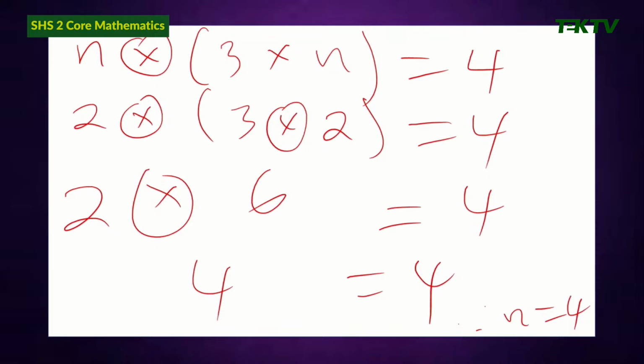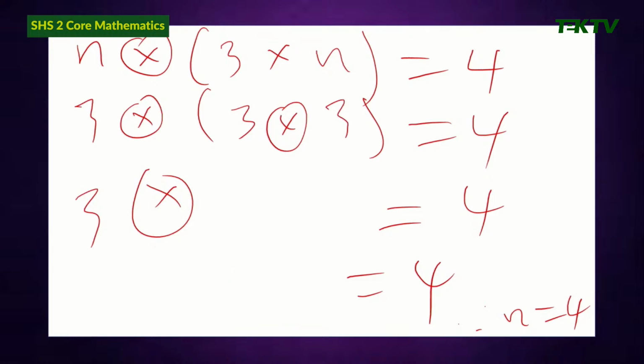You check with the next element, that is 3 in place of n. 3 times 3 on the table is 1. 3 times 1 on the table is 3, which is not the same as 4. It means 3 will not work.